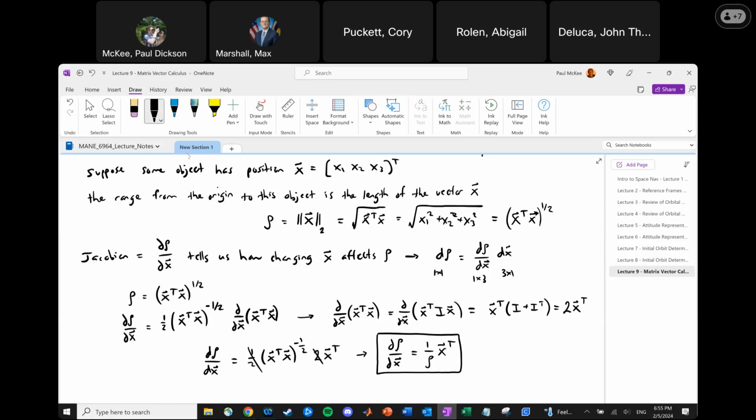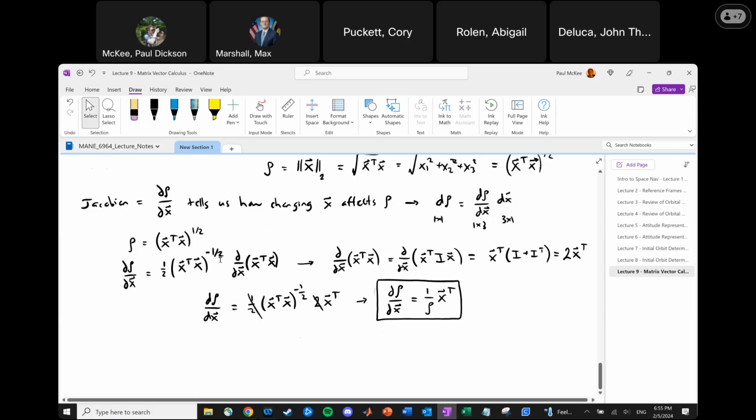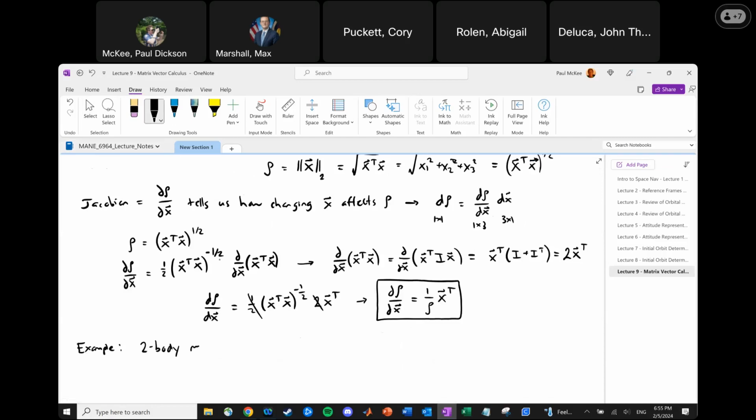So remember, the problem that I promised we'd be able to solve by the end of class is this. Our example: two-body motion linearized about some reference trajectory.